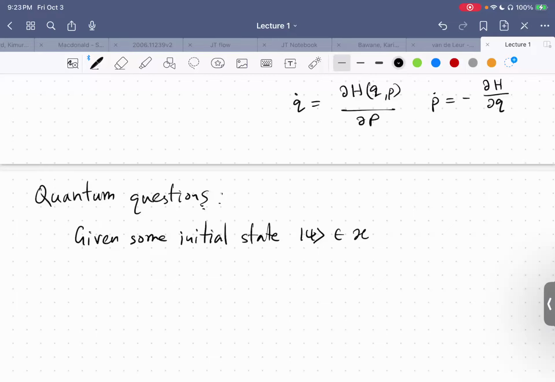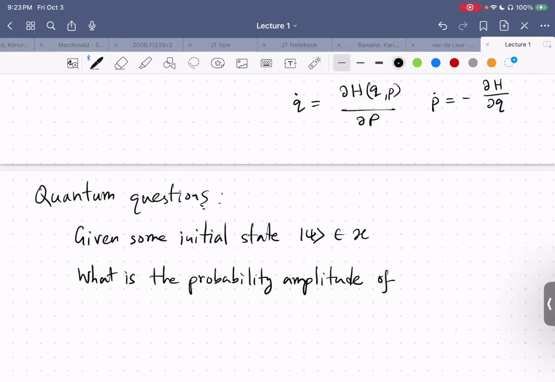So instead of asking what state the particle will be in at a later time, what we ask is, given some initial state, what is the probability amplitude of transitioning to a different state at a later time?